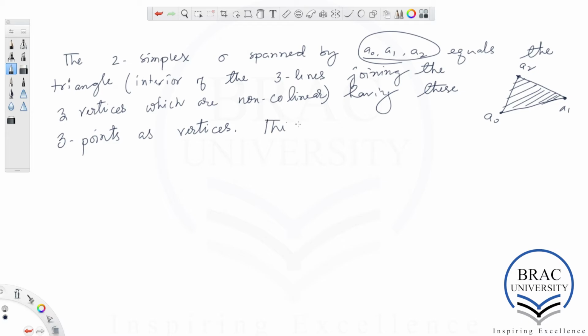So this can be seen in the following way. According to the general expression, a point lying in an n simplex is x equal to the sum over all such expressions ti ai. Here i runs from 0 to 2 since we are dealing with a two simplex, right? n is equal to 2 in this case.